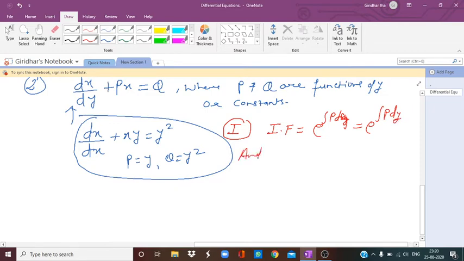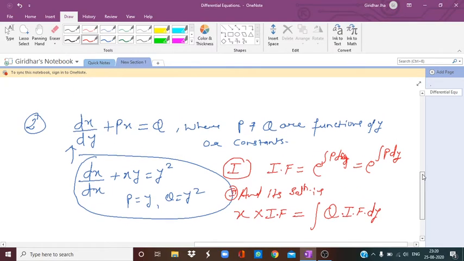And the second part is the solution part: x into IF equals integral q into IF into dy, because p and q are functions of y.